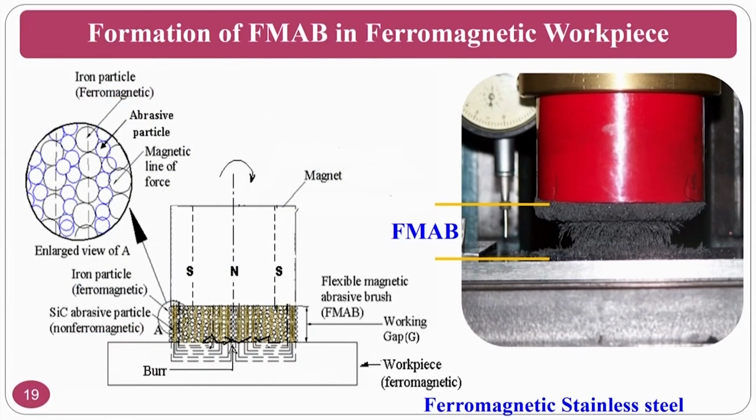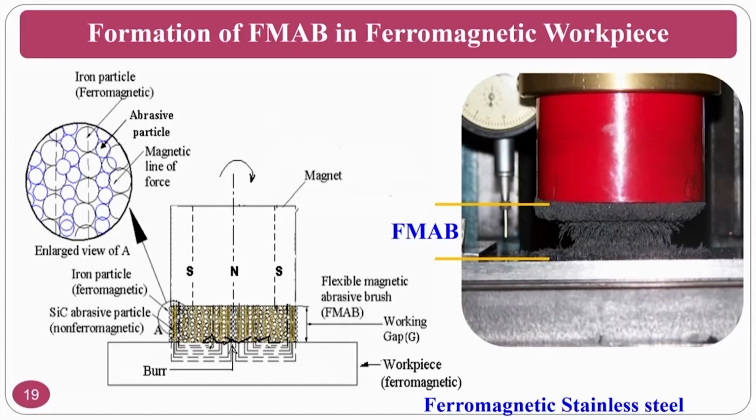Now the flexible magnetic abrasive brush formation in a ferromagnetic workpiece material, which means a magnetic material. If you see the schematic diagram, the magnetic field lines have the north pole at the central portion and the south pole on the other sides, so you form north to south poles.